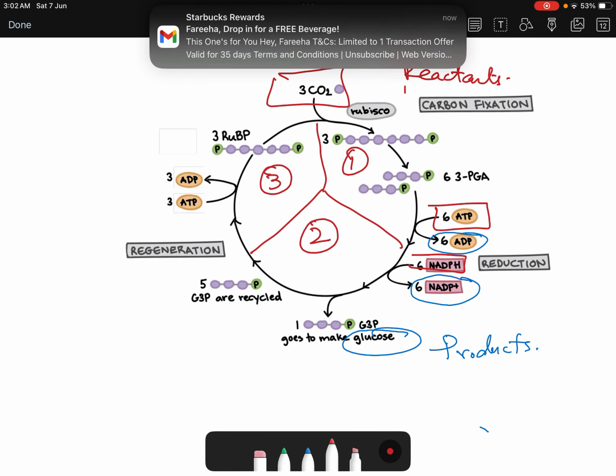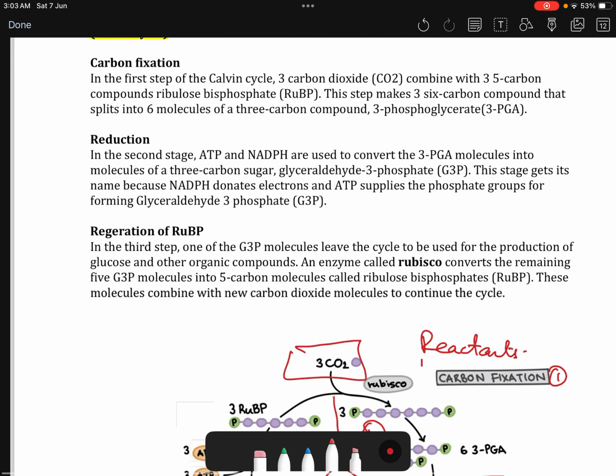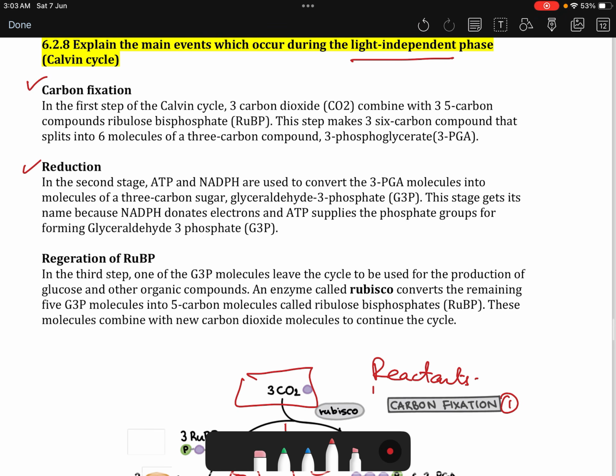And the three phases, as I told you, are 1, 2, and 3. Number 1, carbon fixation. Number 2, reduction. Number 3, regeneration. And the explanations are written over here.